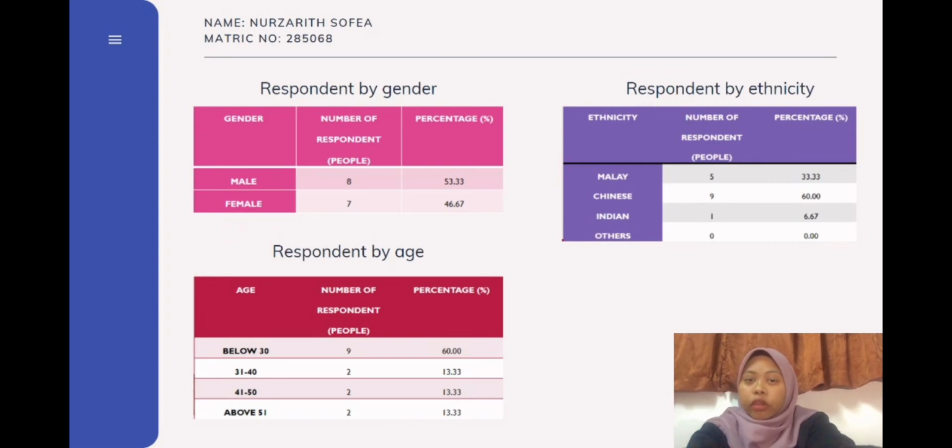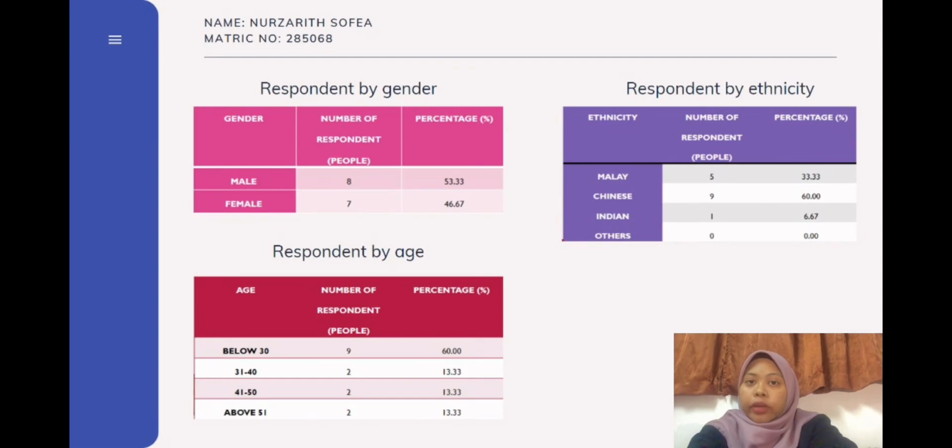The percentage of Malay is 33.33%, equivalent to 5 respondents, while the percentage of Indian is 6.67%, equivalent to 1 respondent. The reason why most of the respondents are Chinese is because many Chinese consumers demand less expensive products. A small but significant proportion is willing to pay a premium for higher quality.